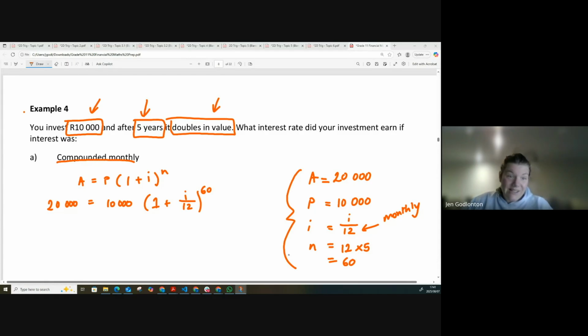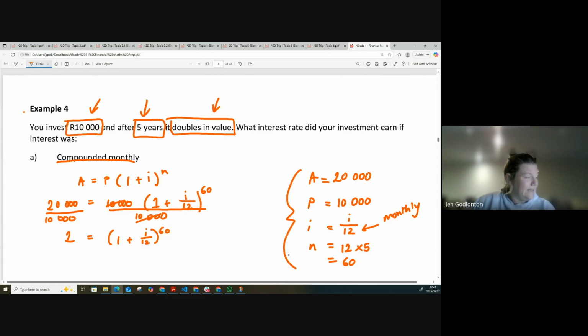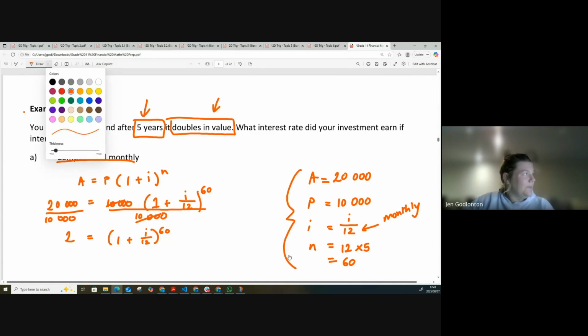So the first thing I would do here is I would divide both sides by the 10,000. So that this lands up becoming 2. And then we've got 1 plus I over 12 to the power of 60. So our next step is we need to root both sides.